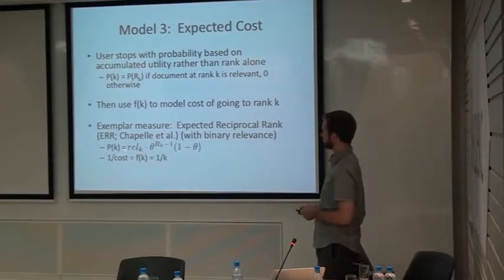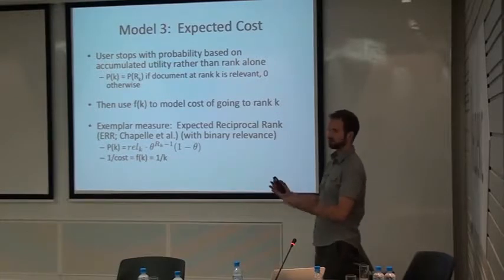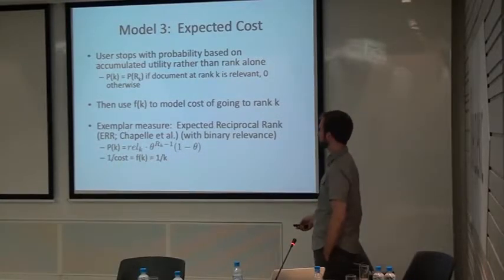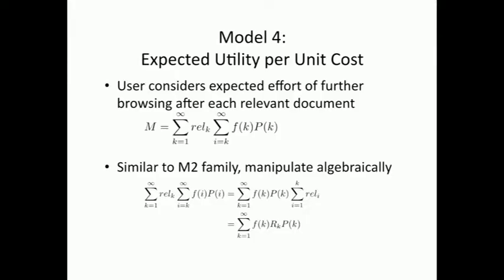So we first plug in our formula for F of k, which is the sum from k to infinity of the stopping probability. Once we have this, we can re-index and flip these things around a bit, and we get this instead. Now we're summing from k equals 1 to infinity the stopping probability times the sum from i equals 1 to k of the relevance judgment at rank i.